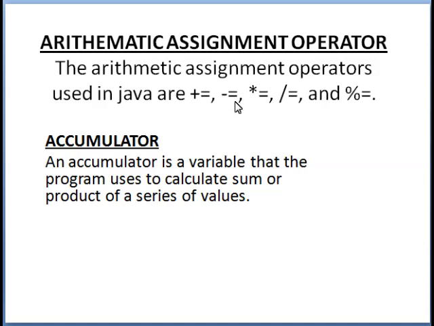This is the arithmetic operator and this is the assignment operator. Then multiplication equals, then division equals, and then the percentage sign, which is the modulus sign, that is modulus equals.